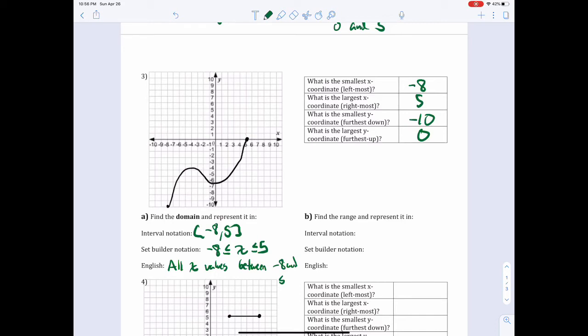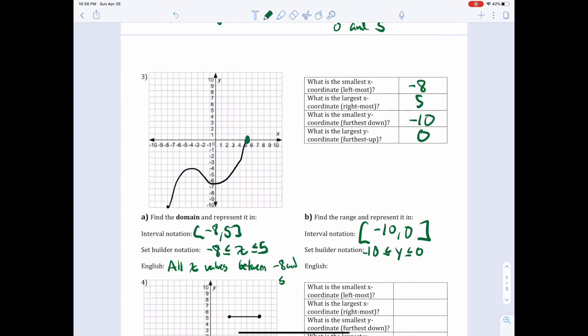Then we're going to have the range. Furthest down is -10. You go smallest to largest, so -10 to 0. That was a bad hard bracket. Set builder notation, -10 less than or equal to y, less than or equal to 0. It's less than or equal to because, again, there are firm points right there.